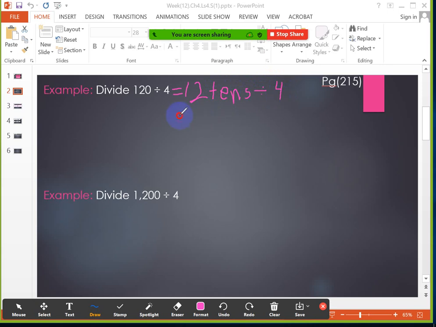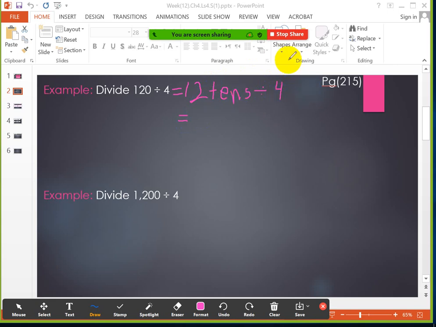How will I know the answer? Okay, when I want to find the answer for the division, I have to think about the multiplication table. What is the number that I will multiply with 4?